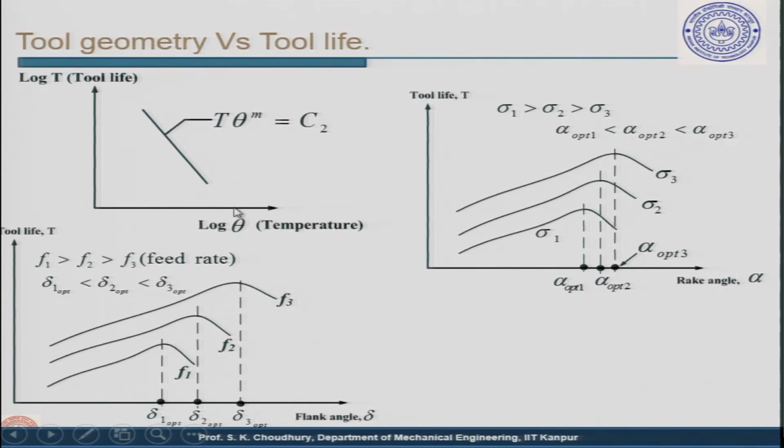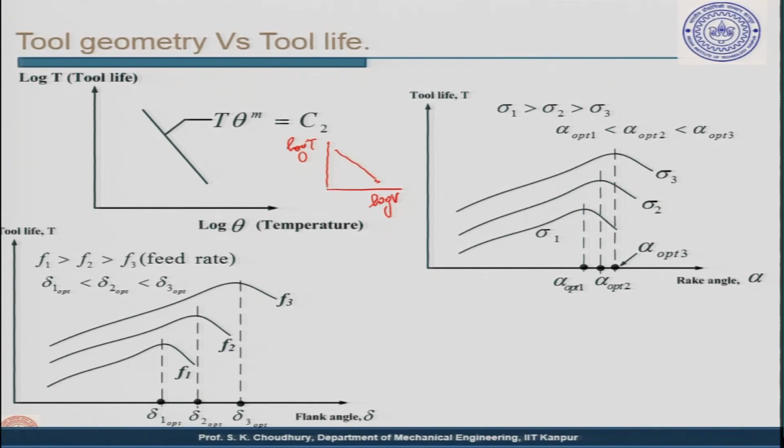Earlier, in Taylor's tool life equation, what we saw was log V and log T, and this was given as a straight line.